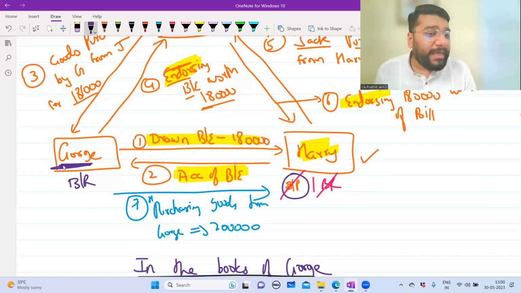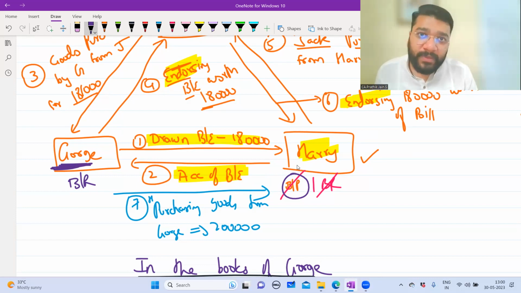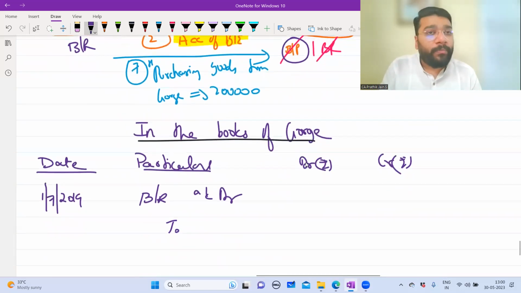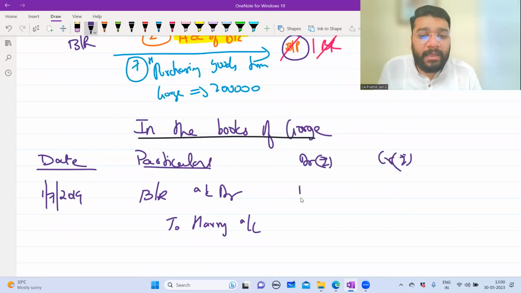So on the due date, can I say Gorgi has to pay this 180 back to Harry? Only then Harry will make the payment to somebody in future. Correct, no? So can I say Gorgi has to remember to make this payment to whom? Harry. So to Harry account, I'm crediting 180, 180.